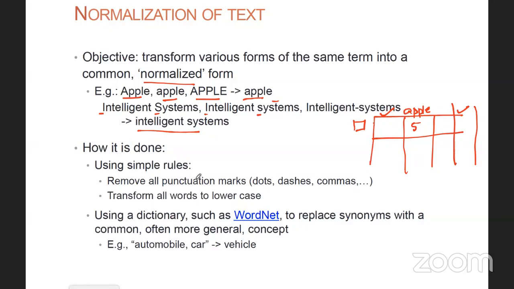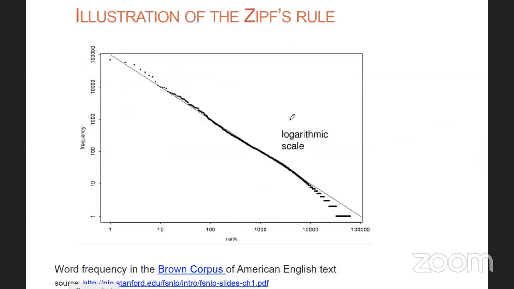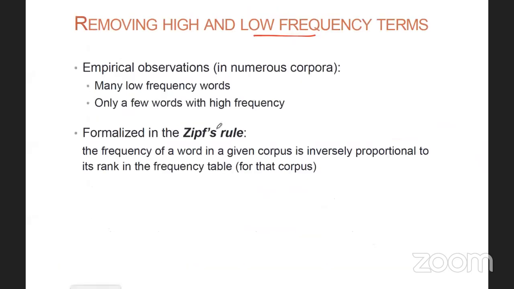The next method is removing high and low frequency text. See, for example, sometimes out of 100,000 reviews, all the reviews are negative. People are scolding like anything, and there is only one review that mentions very good.